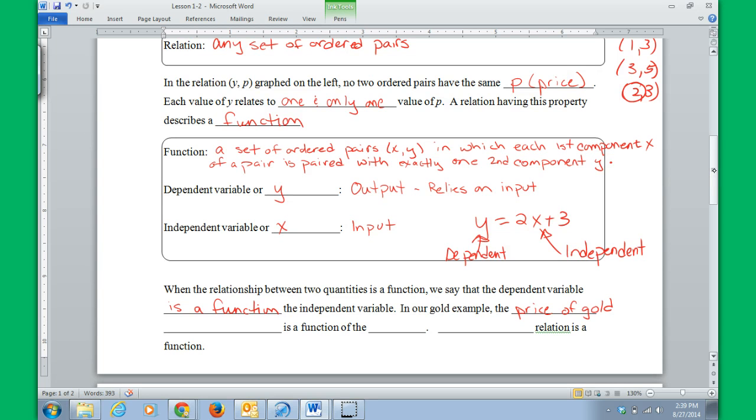All right. So when a relationship between two quantities is a function, we say that the dependent variable is a function of the independent variable. In our gold example, the price of gold, which happens to be the second component, is a function of the year.